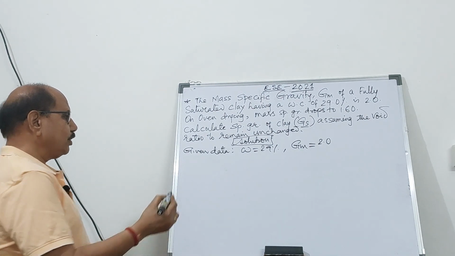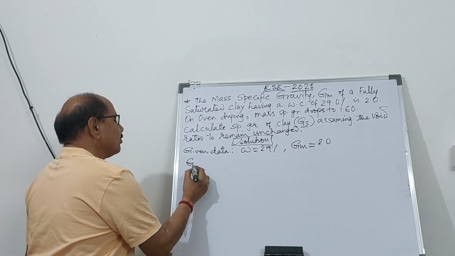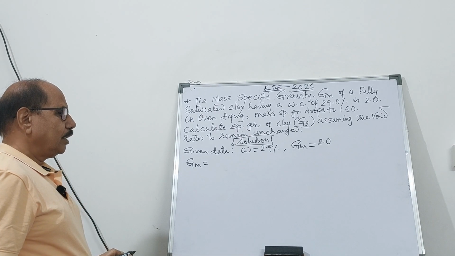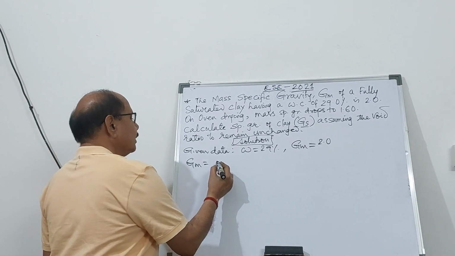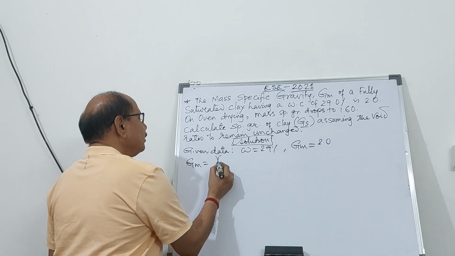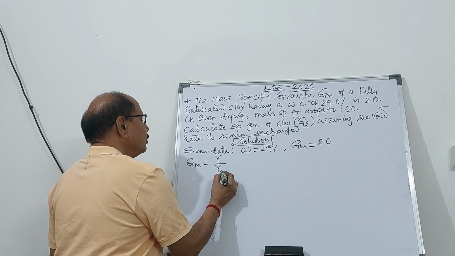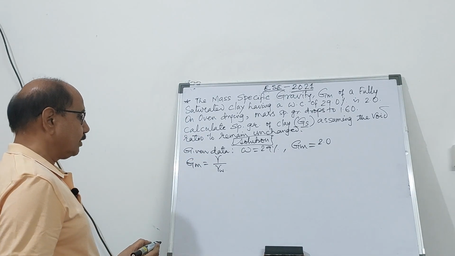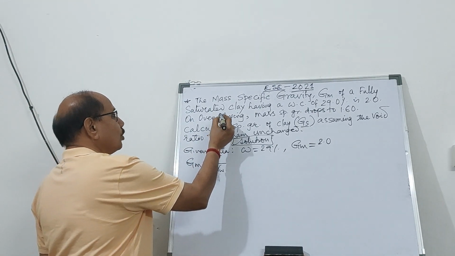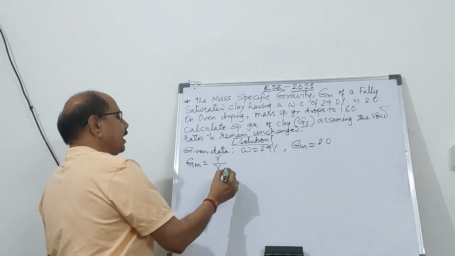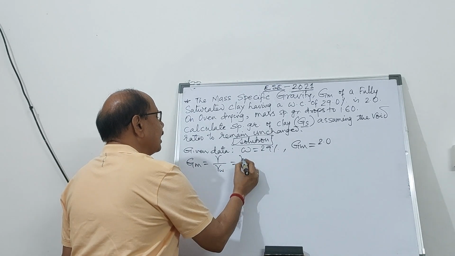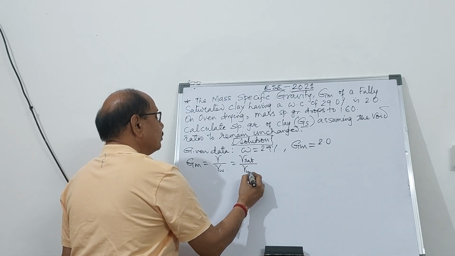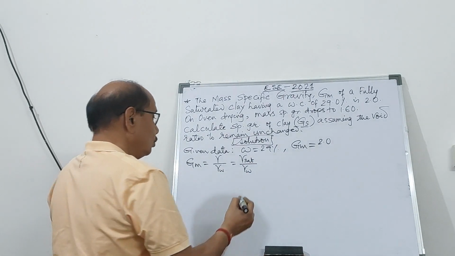We know that the mass specific gravity is given by the total unit weight divided by the unit weight of water. Because the soil is fully saturated, this can be written as gamma saturated divided by gamma w.